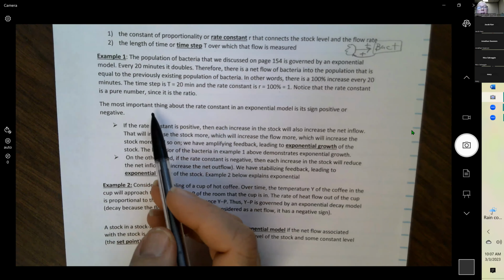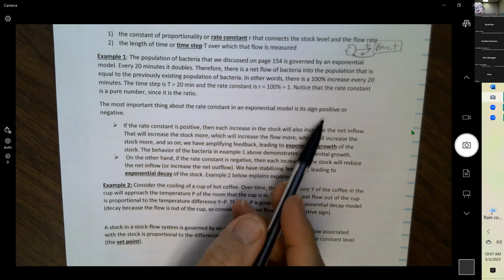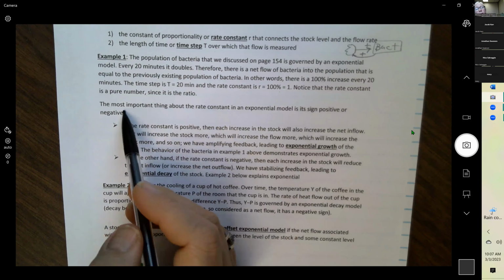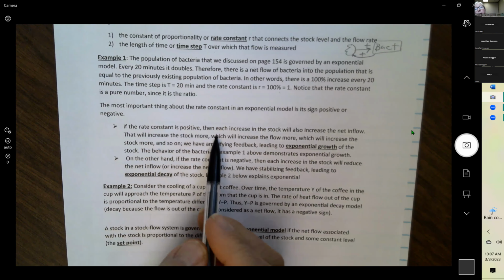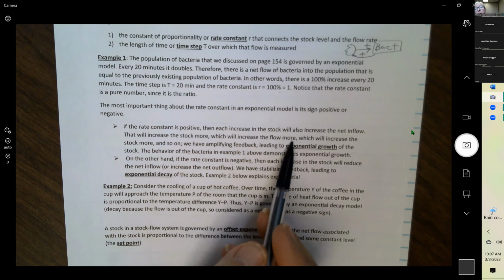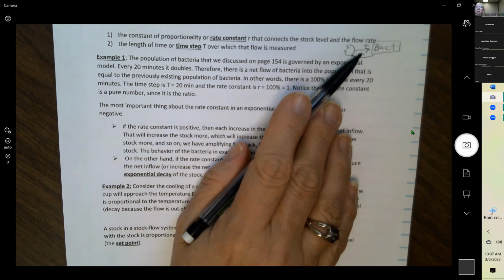The most important thing about the rate constant in an exponential model is its sign, positive or negative. If the rate constant is positive, then each increase in the stock will increase the net flow. And this one was an increase because it was positive.